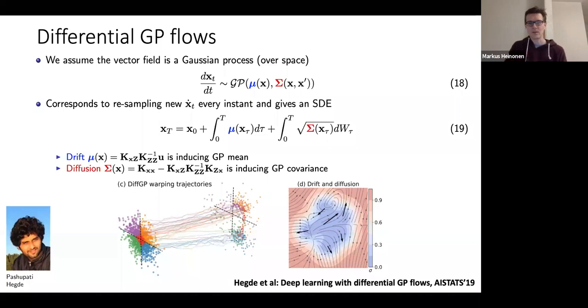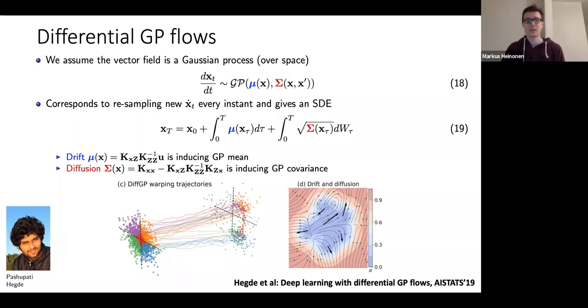And the mean is always the mu, and then we are sampling somewhere from mu plus sigma multiplied by a Gaussian random variable. So we have this drift that says, okay, we should go in this direction, and then we are moving somewhere around it and doing these perturbations. And now we interpreted these things as basically a continuous time limit of deep GP.